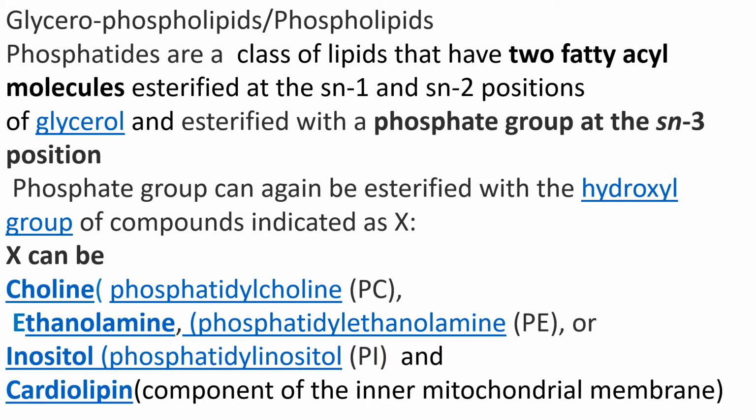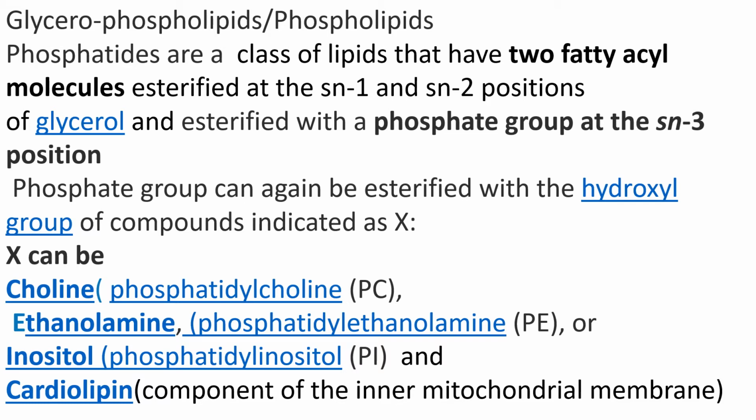So in lipids we have ester linkage. Remember, in carbohydrates we have glycosidic linkage, and in proteins we have the peptide linkage. And at carbon number 3, the phosphate group is attached. Now this phosphate group in different phospholipids can again be attached to various alcohols by means of an ester linkage.